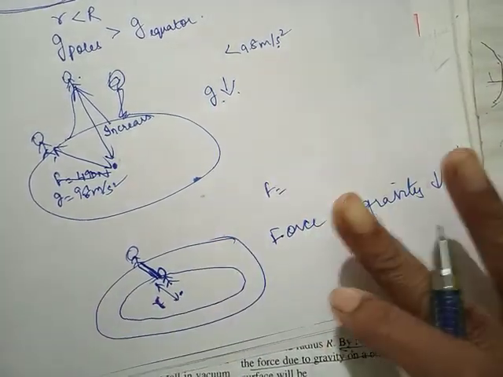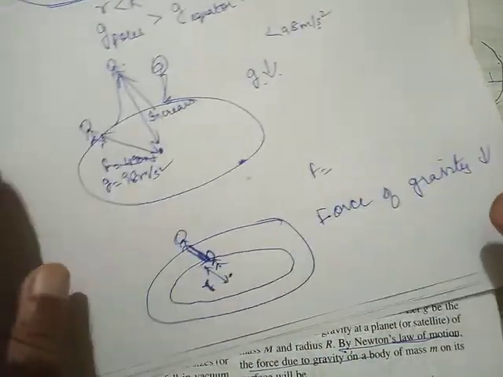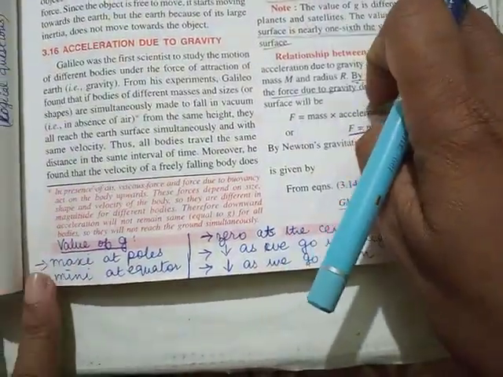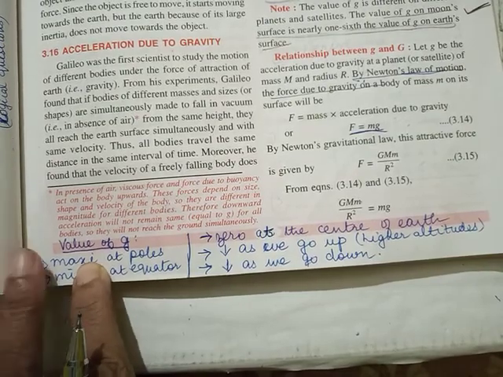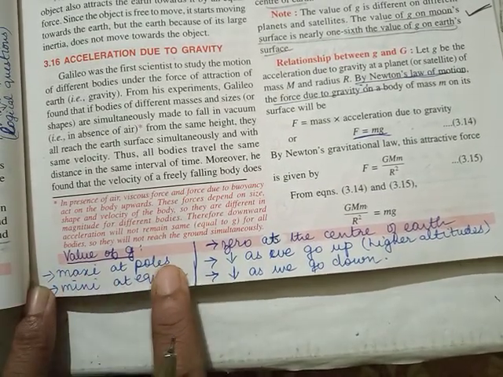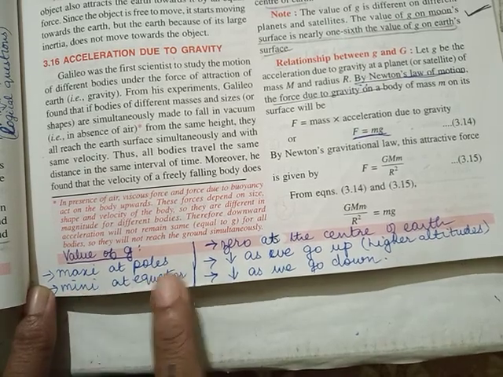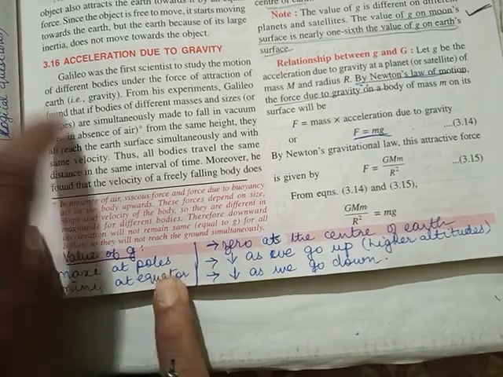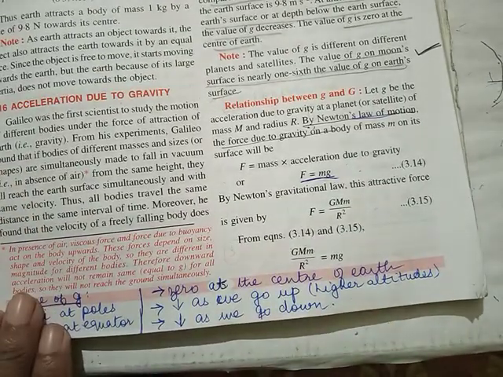Children, you have this in 10th standard, so let's not break our heads. I want you to write these 5 conclusions. Either underline it or write it here as conclusions. Value of g: maximum at poles, minimum at equator, 0 at the center of Earth. Why?